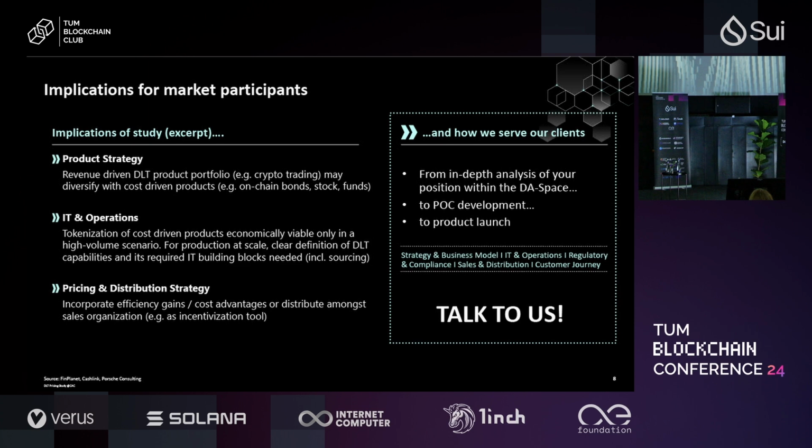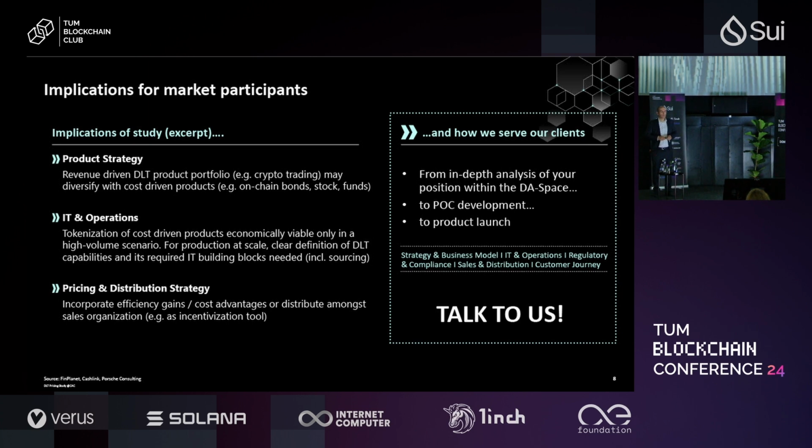And with this, you have a stronger shift towards the cost side, so that you actually have cost-driven products where the consumer doesn't really care if it's on or off-chain, stock or bonds, but where the producer of the product very much cares, talking about the 7 to 15 basis points.